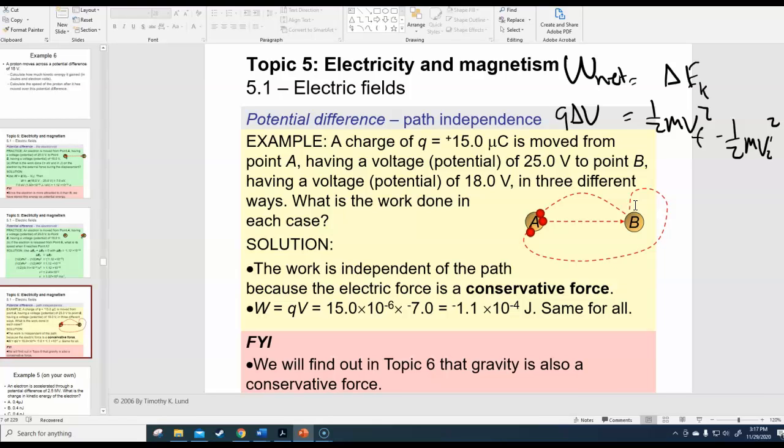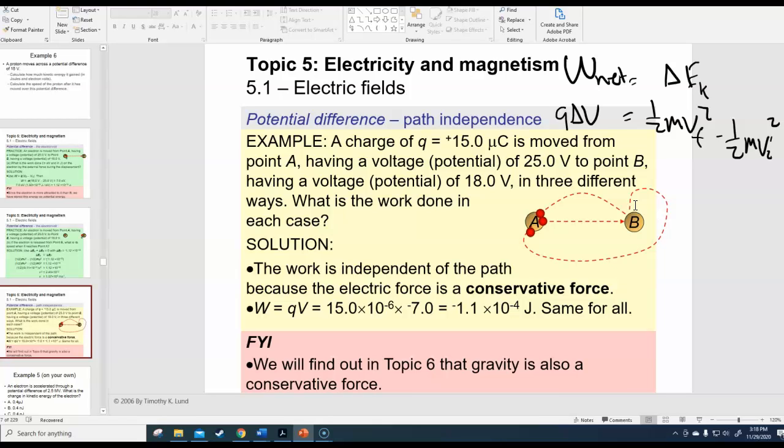I don't know that you'll ever see that word, conservative force, but in case you do, a conservative force is basically a force in which the work done in moving an object is independent of the path you take, regardless of what that path is. Okay, so kind of a random fact, but just in case it ever comes up, I wanted you to have seen that term before. And gravity also has the same type of property, because gravity is also a conservative force.